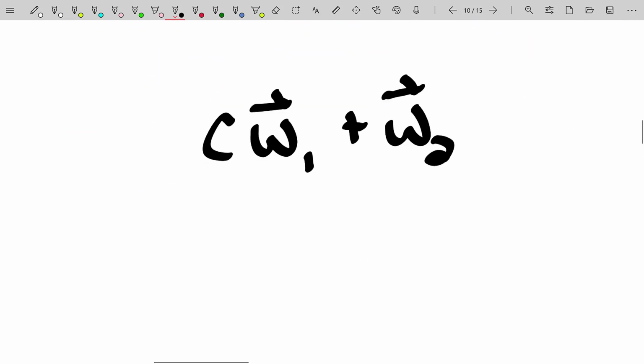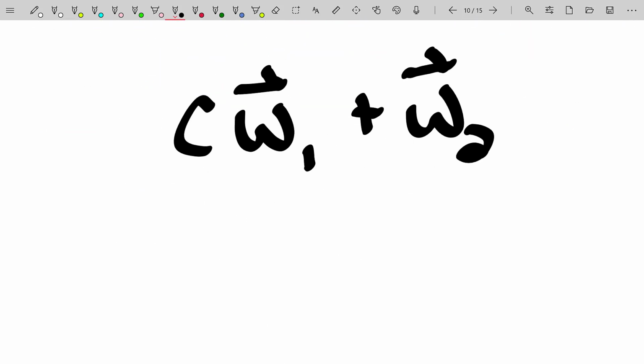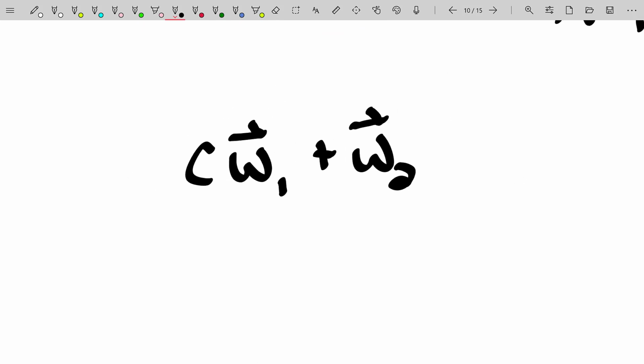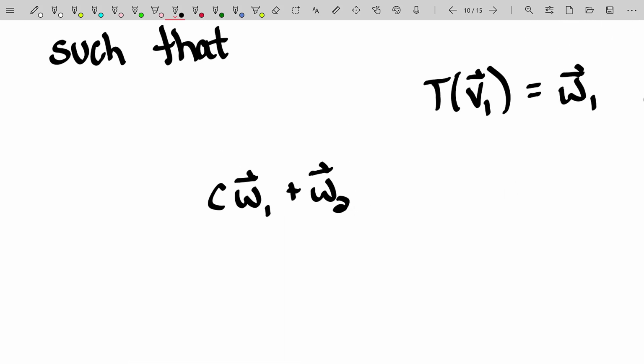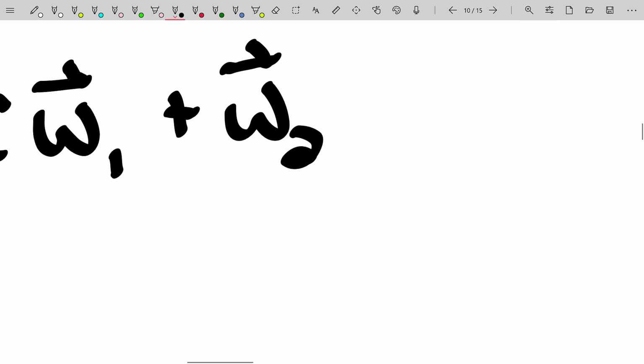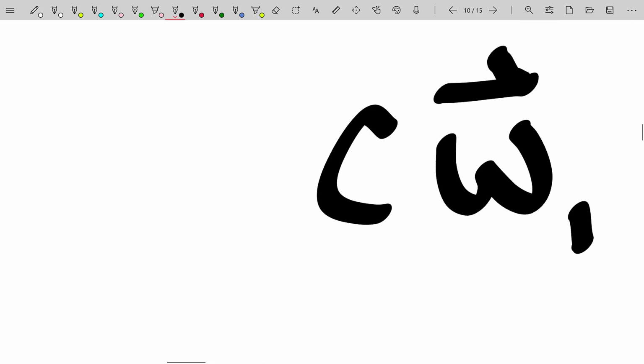We're going to take a scalar multiple of an arbitrary vector that we created from T of H and add that to an arbitrary vector that we created from T of H. This will simultaneously check off the closure under vector addition and closure under scalar multiplication.